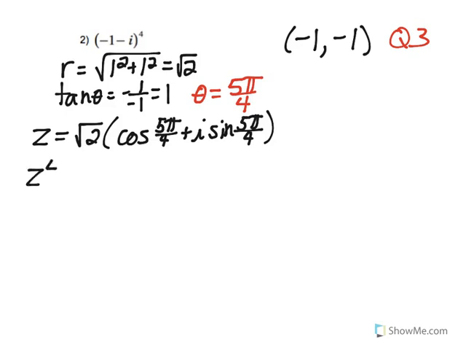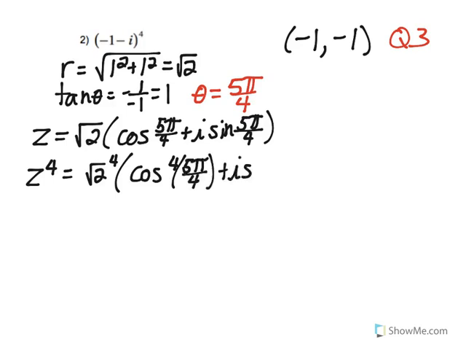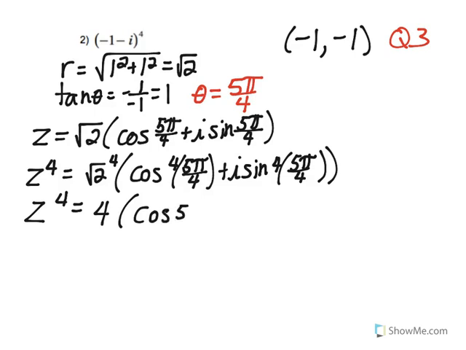We'll do z to the 4th. So again, we're raising the r value to the 4th, and we're multiplying the angles times 4. So this will come out to 4 cosine 5 pi plus i sine 5 pi.